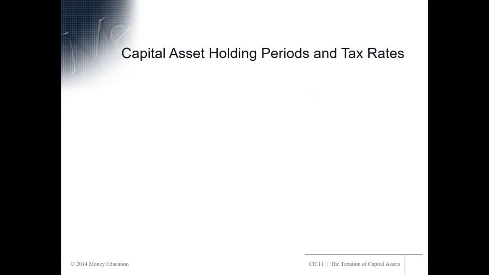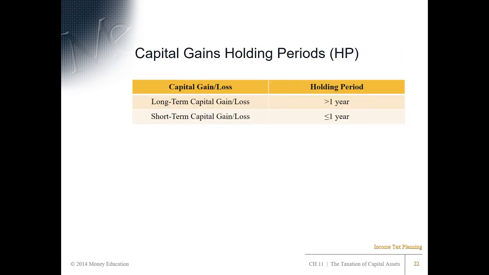Okay, asset holding periods and tax rates. So again, this is something we've had before. If you want a long-term capital gain or loss, the holding period is greater than a year. So we've been saying a year and a day to get long-term capital gain treatment. Short-term capital gains occur if you sell within a year.